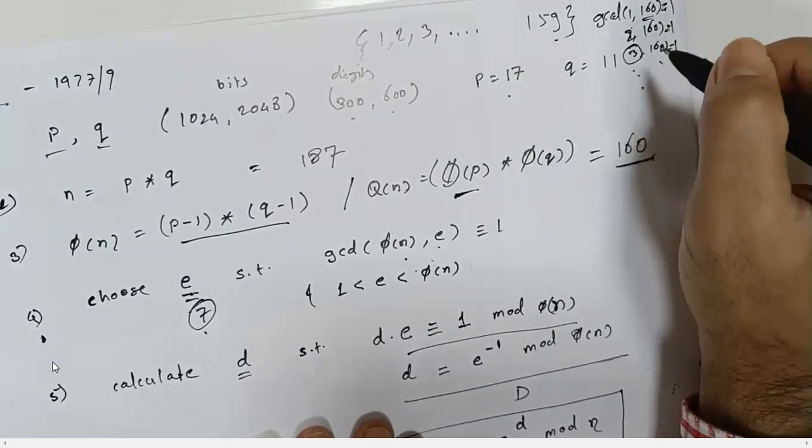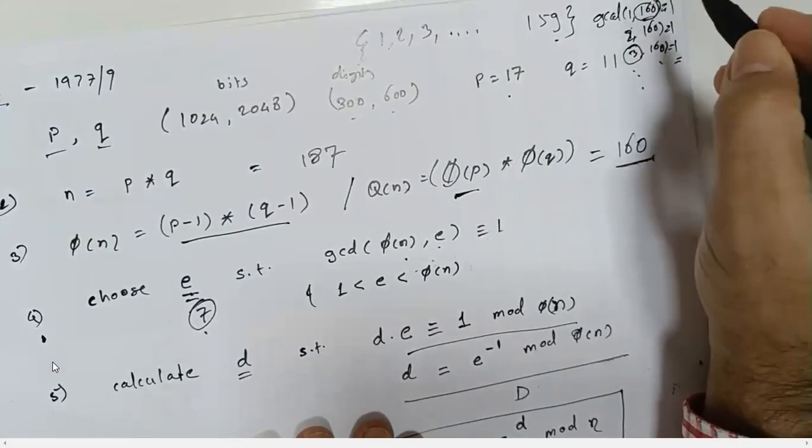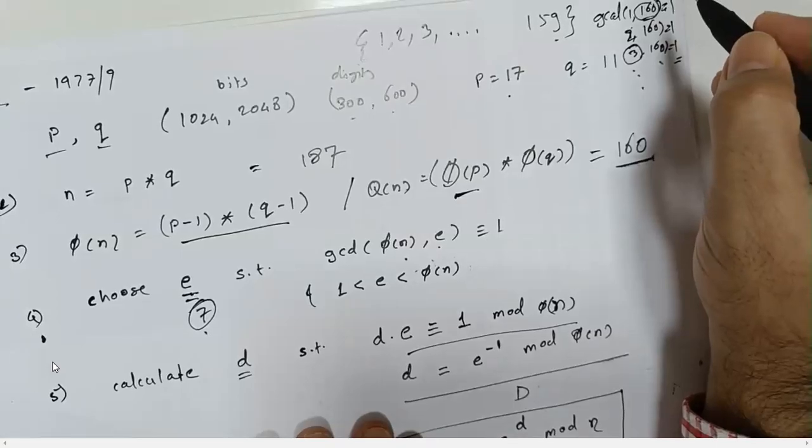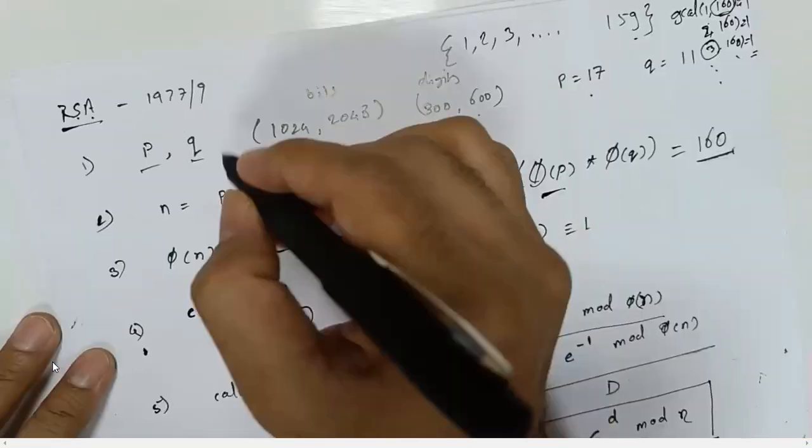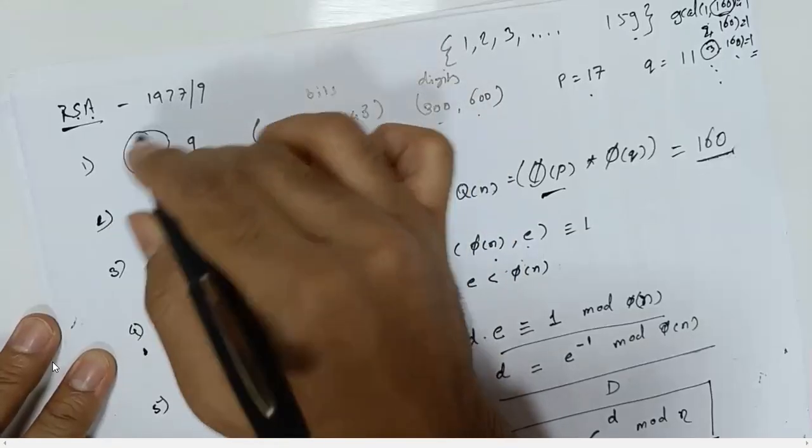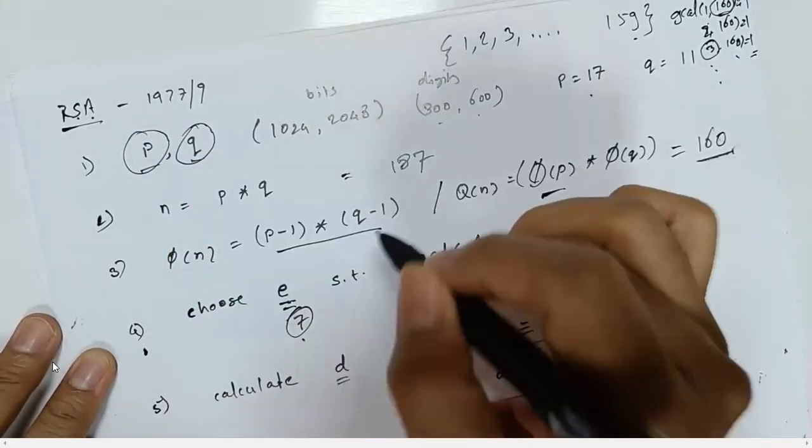No, it's not all the numbers, because 160 is not prime. The primes are P and Q, but not phi of n.